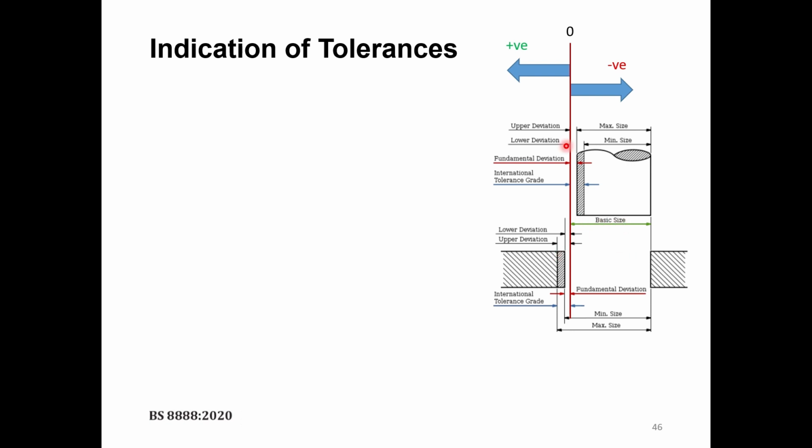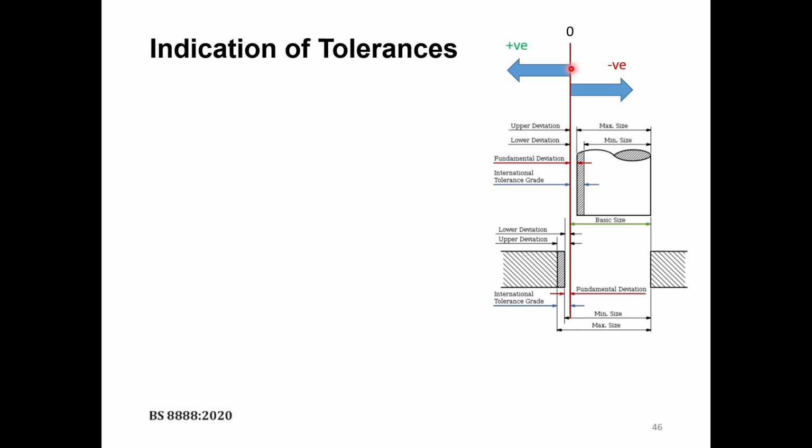If you see this line here, which defines the basic size, we start at the right end, which is like our constant edge, and the distance from it to this line defines the basic size.